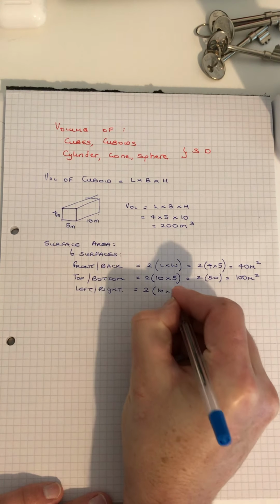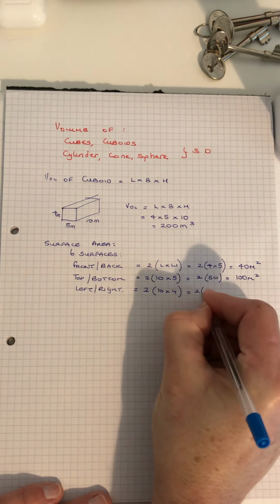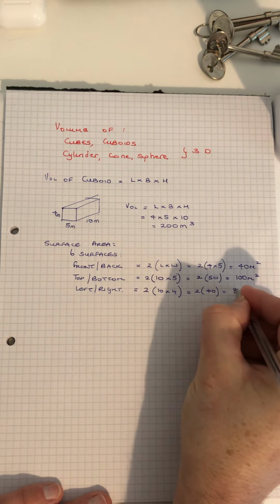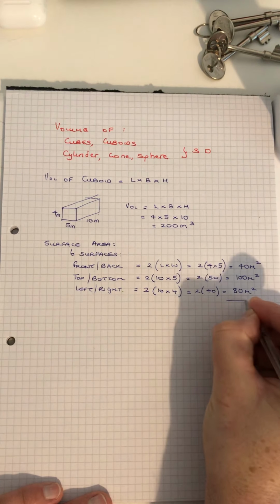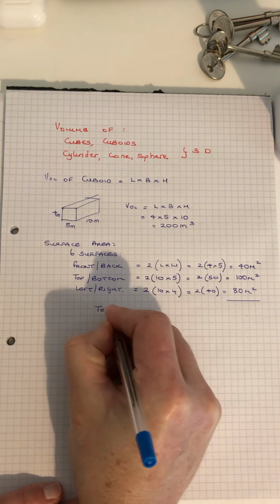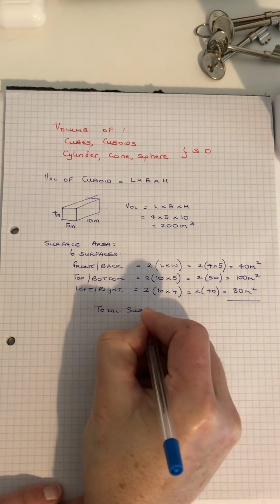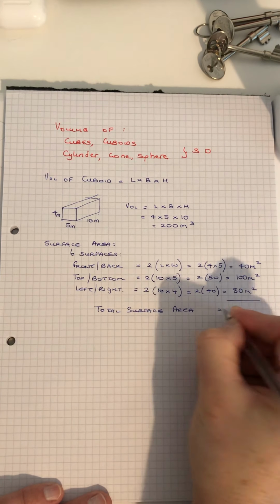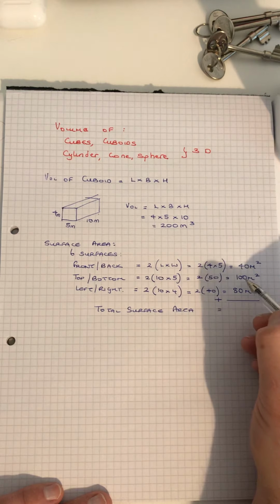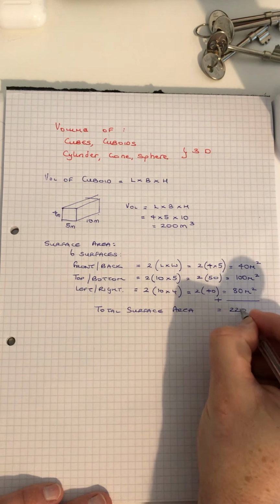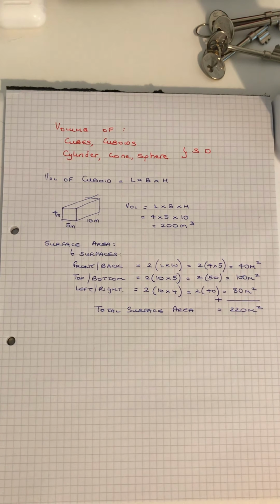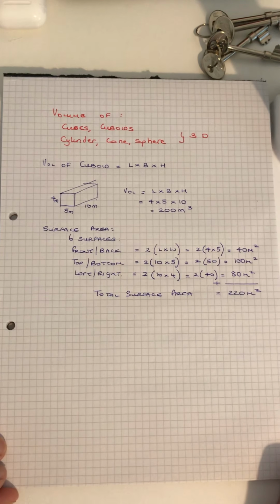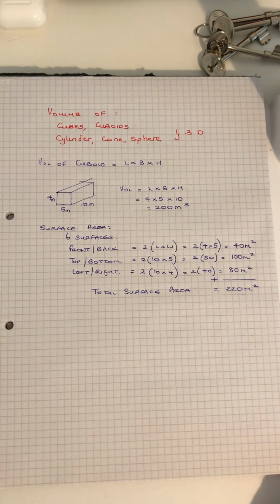So 10 by 4, so 2 times 40, which is 80 meters squared. So the total surface area is equal to, so plus these together, 220 meters squared. So that's what I was trying to get across, okay? So that's the volume of a cube or a cuboid.